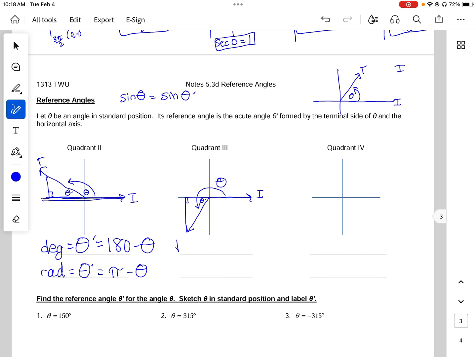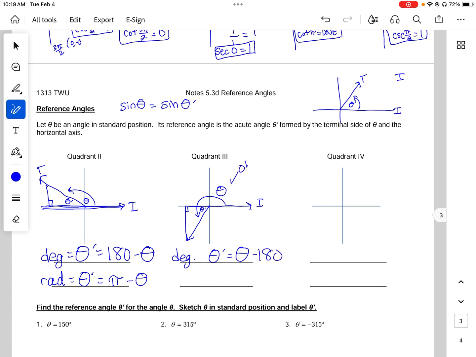So for degree mode, theta prime is theta minus 180, because see how theta is the obtuse angle? So we're able to do the obtuse angle minus the 180. On quadrant 2, it was the acute angle. Well, this was also obtuse, but we're always trying to find theta prime, which is the acute angle. Okay, so then for radians, we exchange 180 with pi.